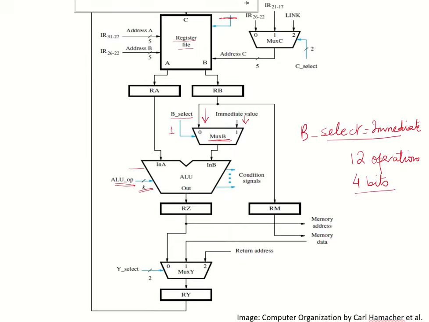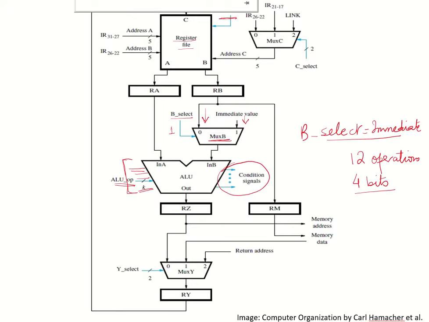Depending upon the values of these k bits, the operation to be performed will be chosen. The ALU will perform that operation in stage 3, and appropriate condition signals will be generated. These could be the various flags, the zero flag, the overflow flag, the sign flag, and so on. They could be connected to the program status word or the flag register.